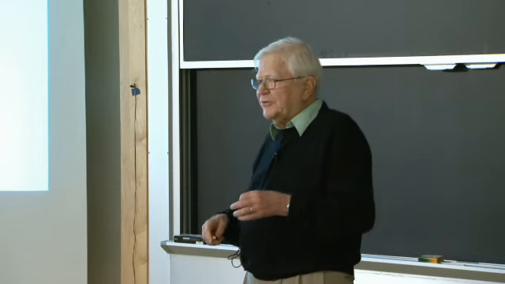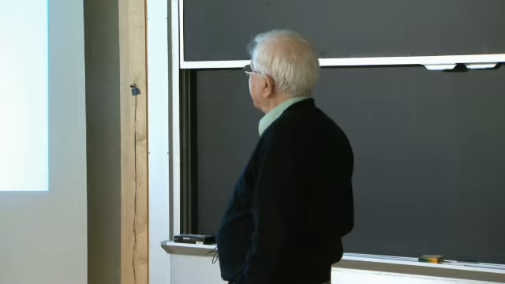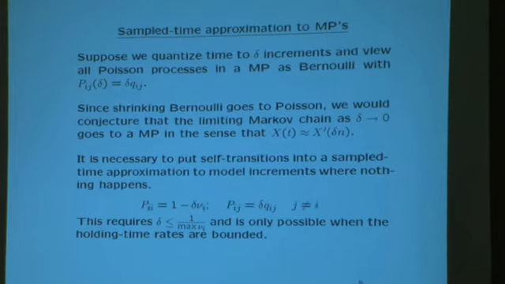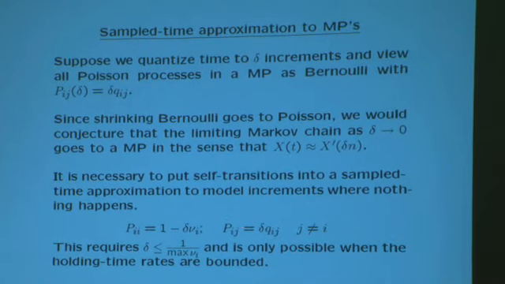So in most transitions, you're going to just have a self-transition. So you need a self-transition, which is 1 minus delta times nu sub i, and these transitions to other states, which are delta times q sub ij. This has the advantage that if you believe this, you can ignore everything we're saying about Poisson processes because you already know all of it. Okay, we already talked about sample time processes. You can do this for any old process, almost. And when you do this for any old process, you are turning it into a Markov chain.